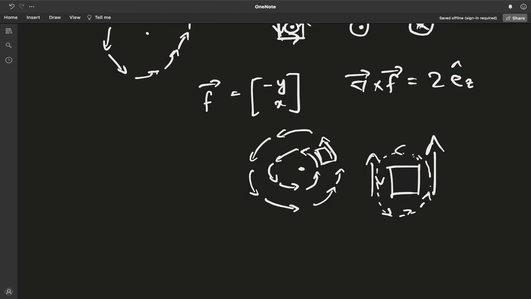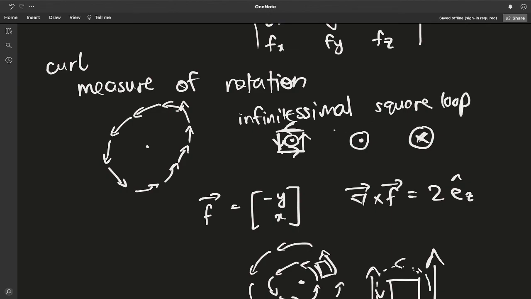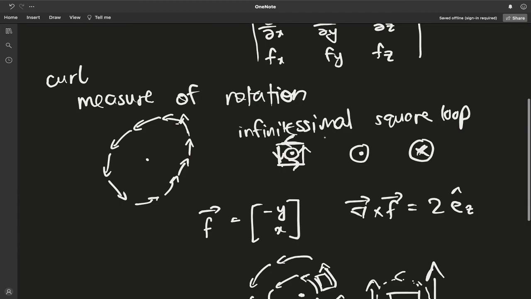Why we chose square loops here and why we chose those infinitesimal cubes for the divergence will be revealed once we do Gauss's theorem for divergence and Stokes' theorem for the curl. Let me mention once again that this is an infinitesimal square loop, because we're dealing with partial derivatives, which deal with locality and infinitesimals and differential elements.